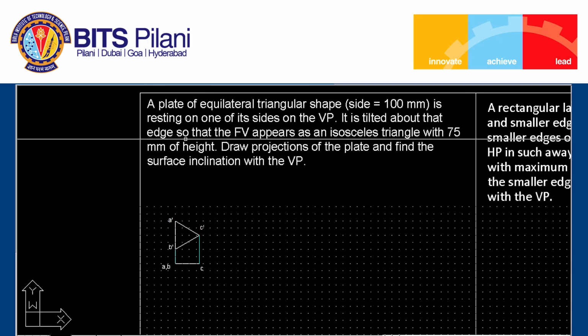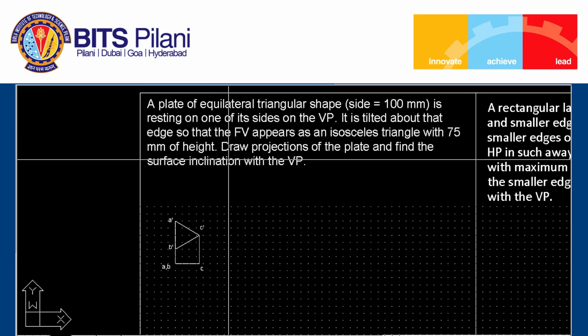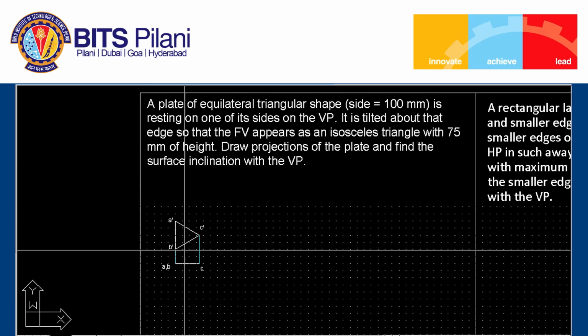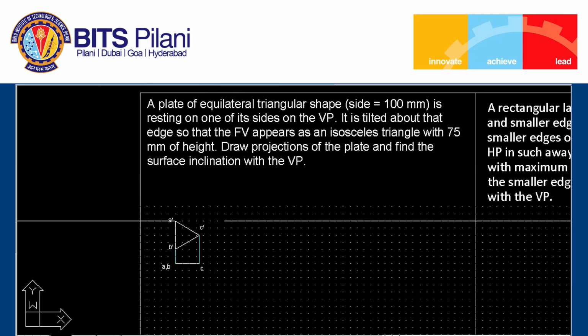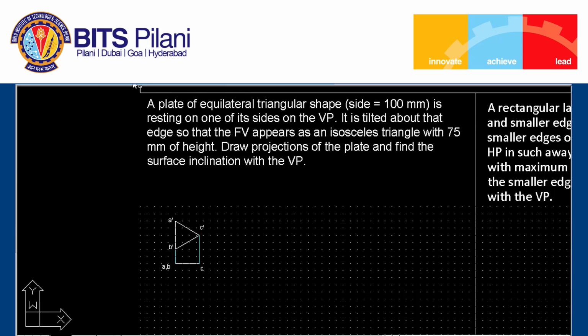Second step, it is asked that the front view appears as an isosceles triangle. So the length AB dimension will remain unchanged.